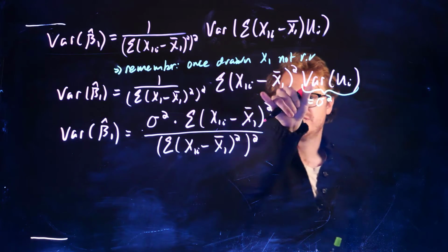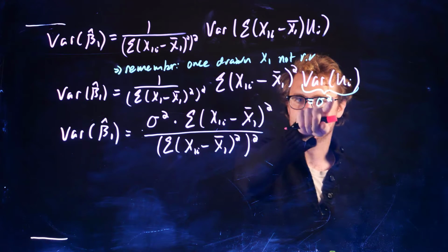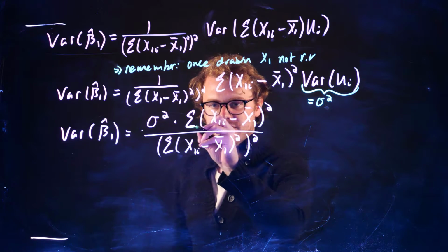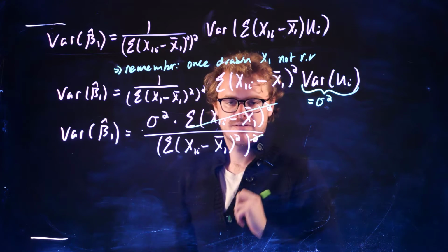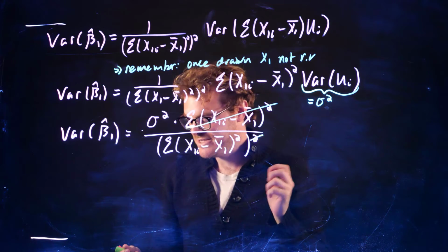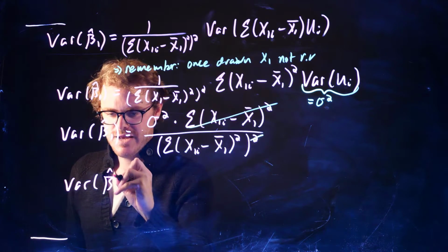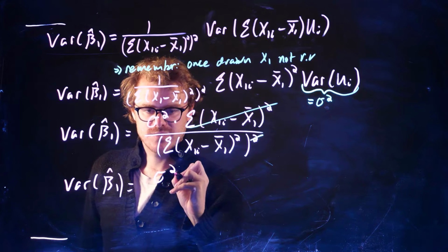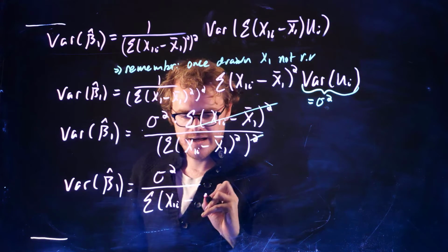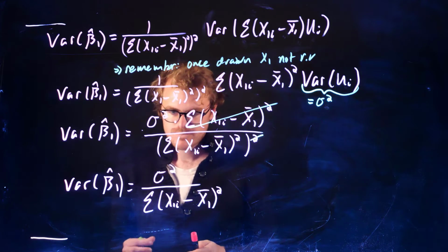Now that we've stopped multiplying each i every time, once we've assumed this is a constant and brought it out, we can cancel this whole term with one of those squared terms in the denominator, and we're left with the variance of beta hat 1 equals sigma squared over the sum of x1i minus x1 bar squared.